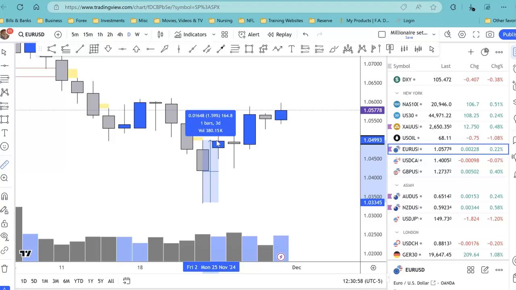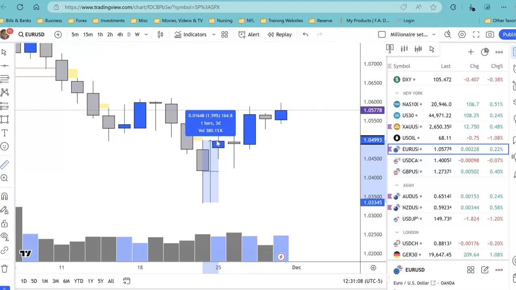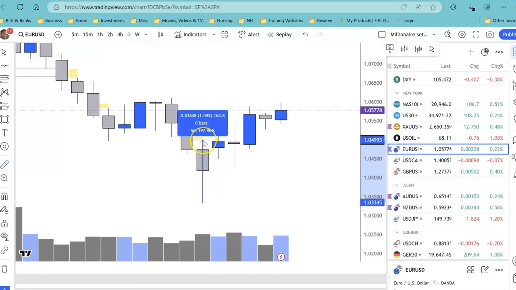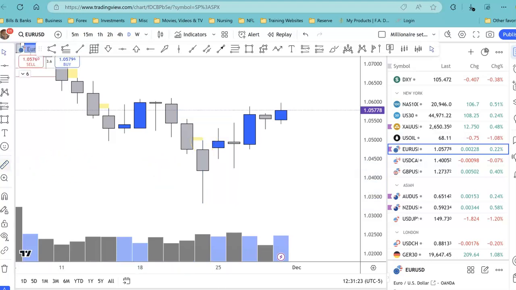It didn't say 1,648 pips. So on this one, you just take everything before the decimal on the right hand side. The volume was 380.12, 1.15K. That's how many transactions were taking place on this given day. So 164 pips was traded total in this day.